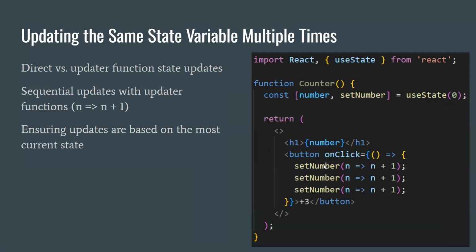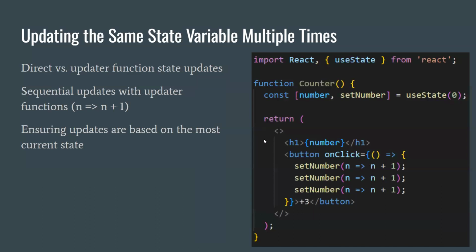Updating the same state variable multiple times. One common misunderstanding arises when we try to update the same state variable multiple times by directly passing new values. React's batching means these updates don't accumulate as expected.